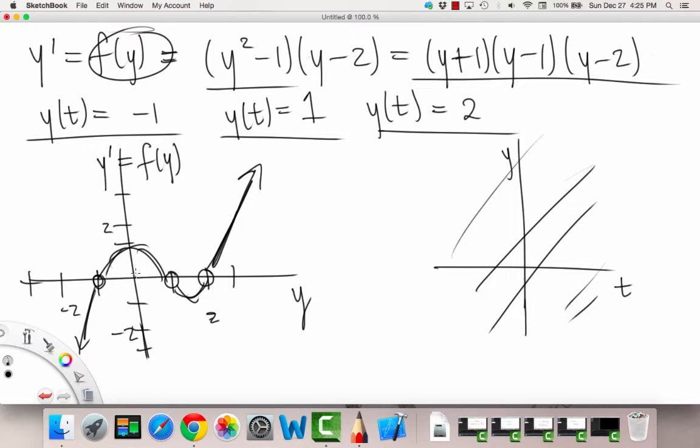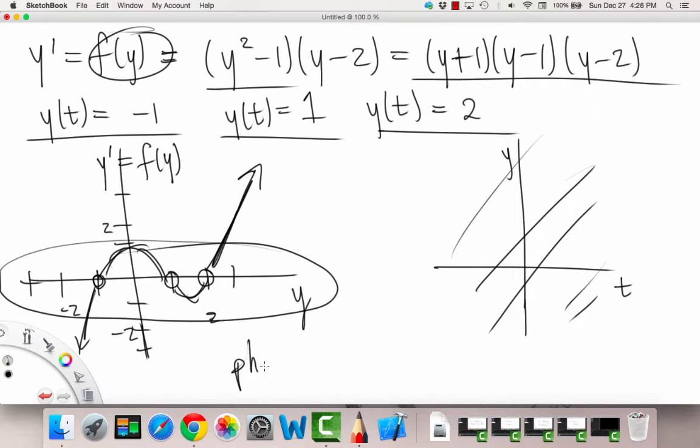Now here's the important thing. This thing here, the y-axis here, is called our phase line. That's just the term given to it. Then what we have to do is study the relationship between our y prime and our y.